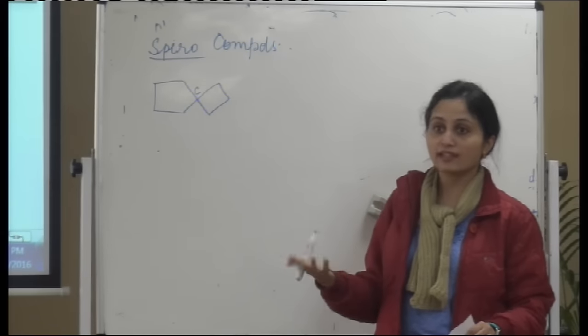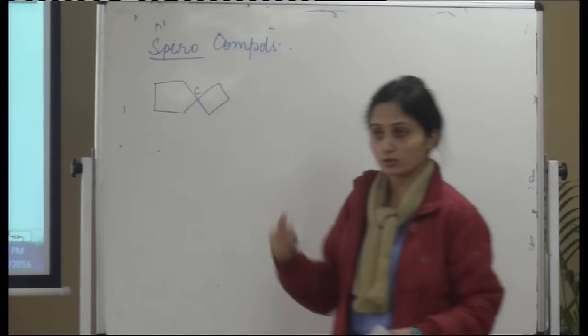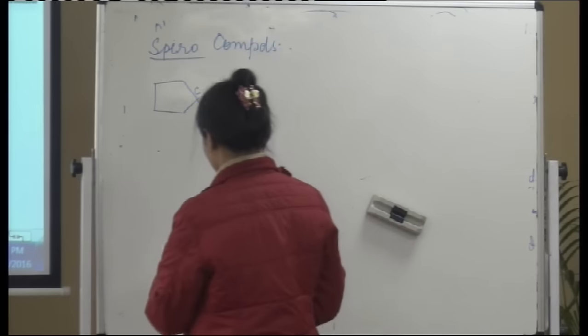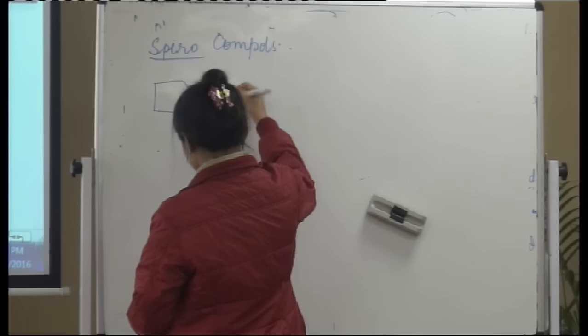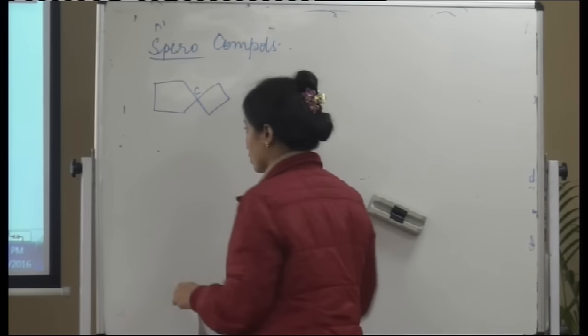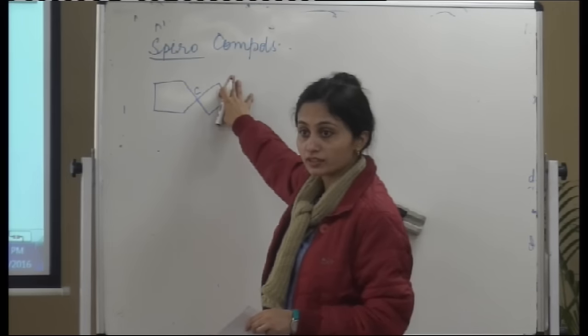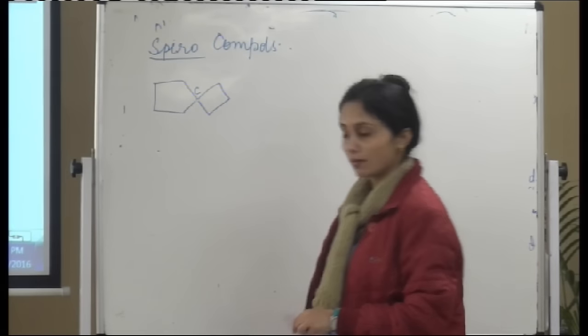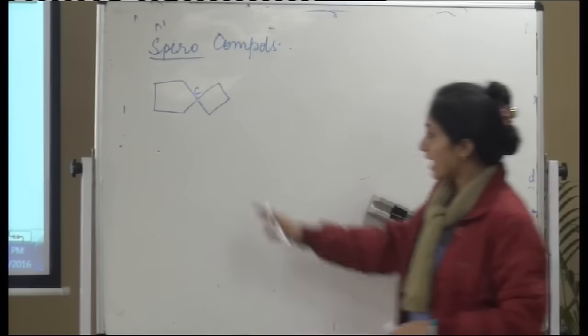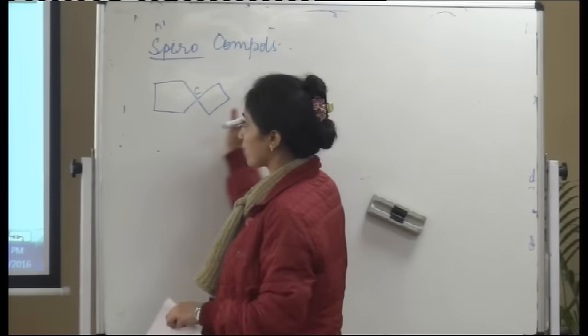If the other options do not carry that spiro, you can just straight away take that answer. So if you have this, in this case you start numbering from the smaller ring first, whichever has the lower number of carbon atoms will be named first, and here in this case count the number of carbon atoms in each.